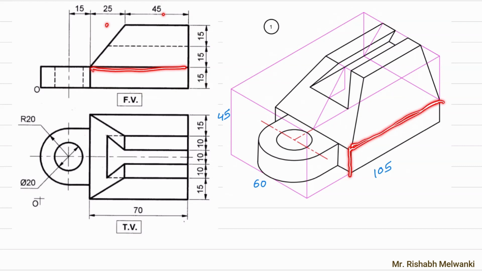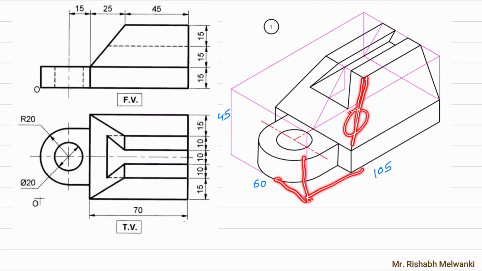Then again 15. See, basically all these lines, this line is an isometric line which is parallel to this one. Then this line is also an isometric line which is parallel to this line of the box. But if you observe, this line is neither parallel to length nor width nor height. Okay, so this is not an isometric line.